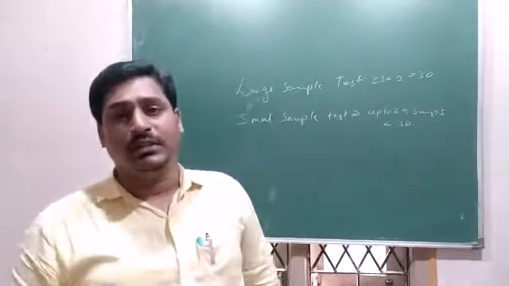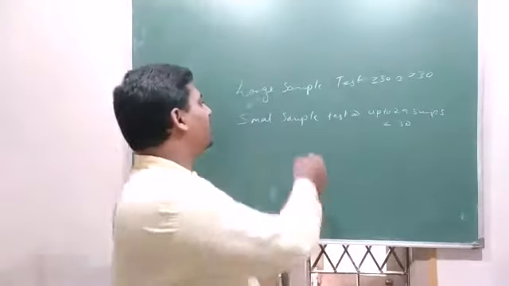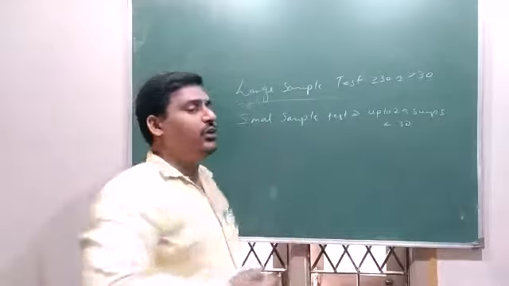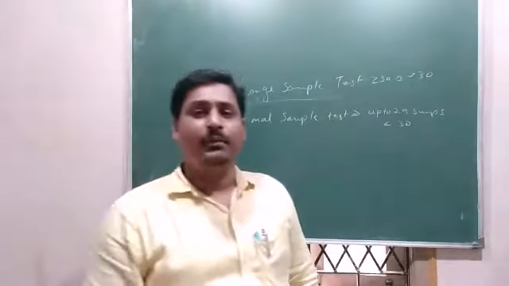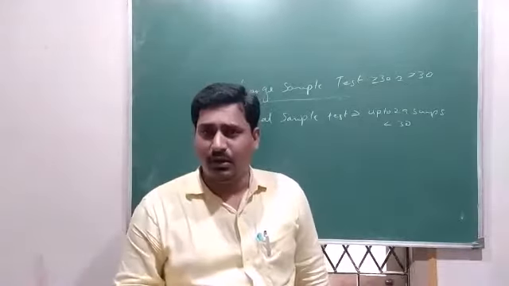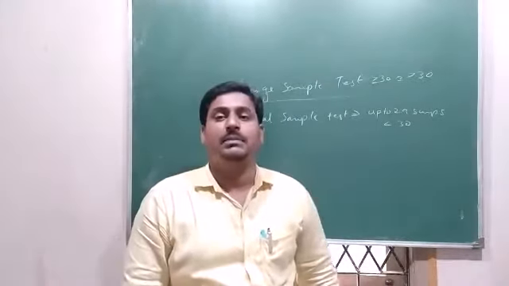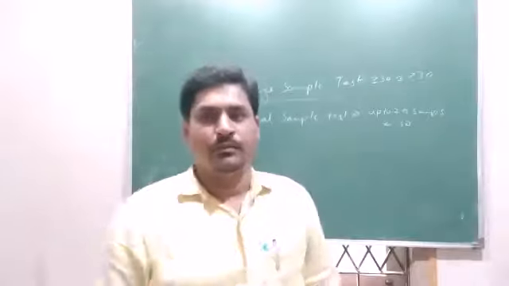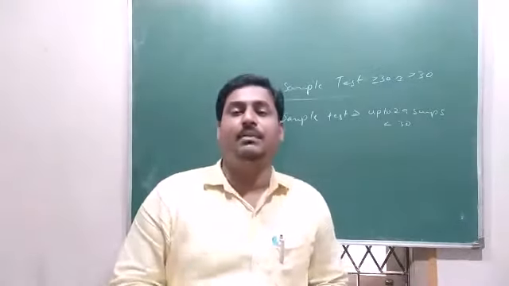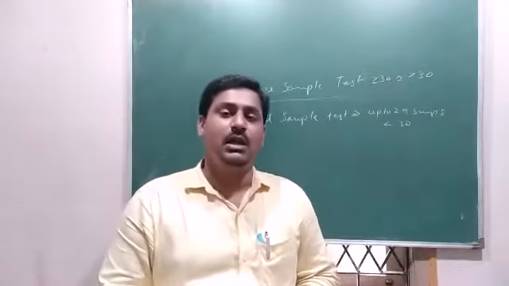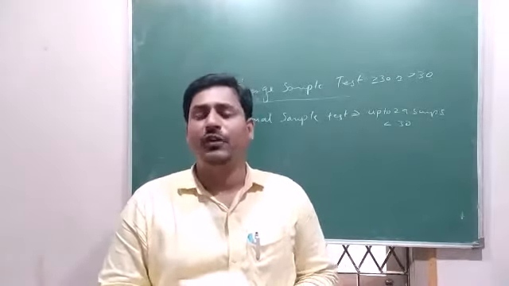So what is the difference here? In large sample test, we don't count the degrees of freedom. We just go on checking, because all samples may or may not be tested. But in small sample test, as samples are fewer in number, we study each sample.